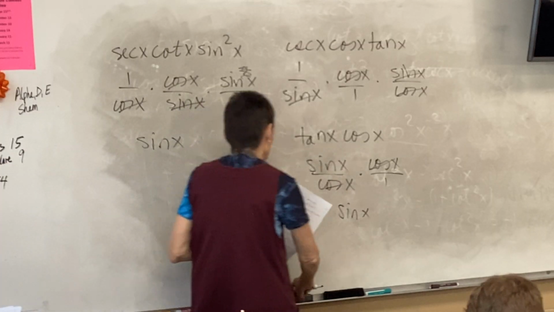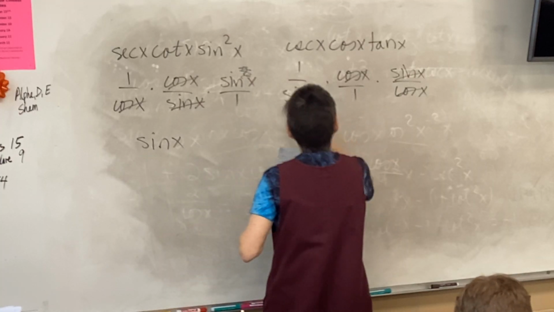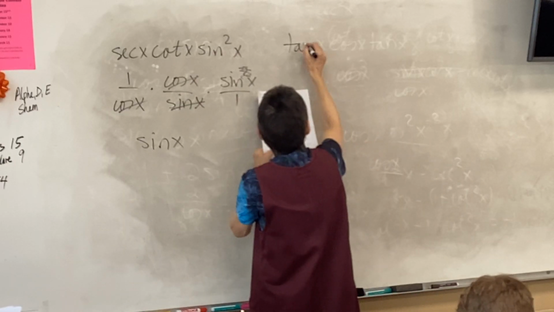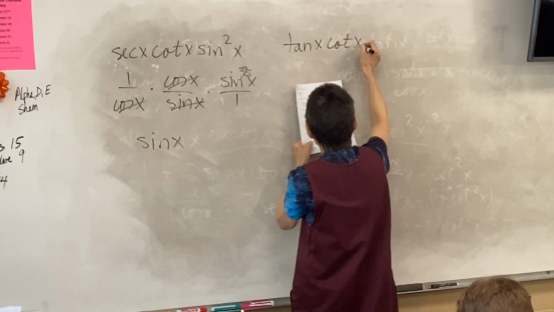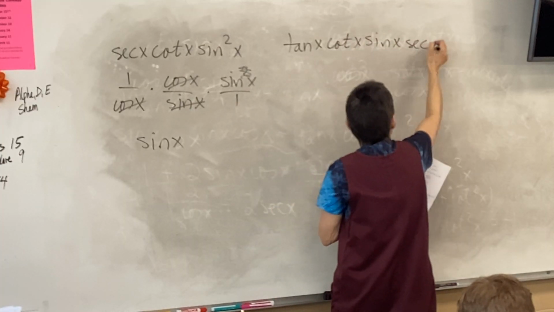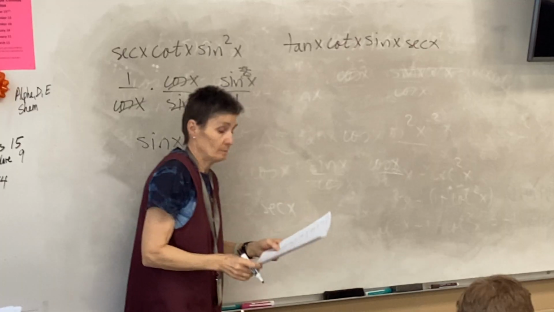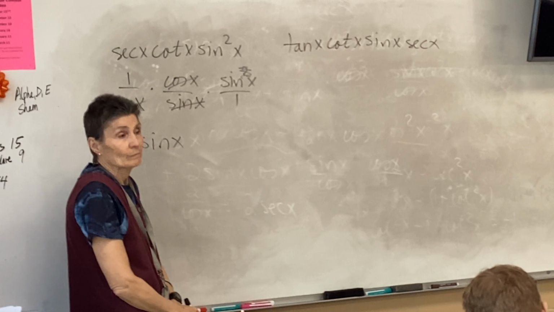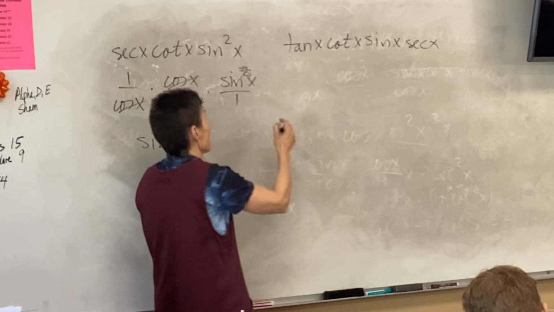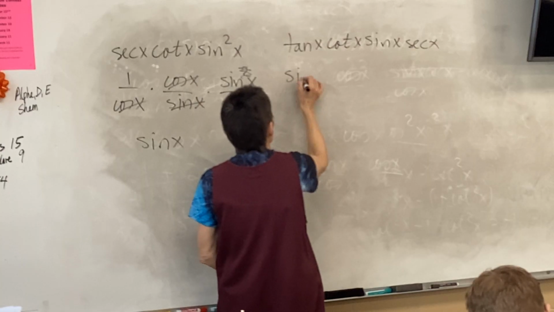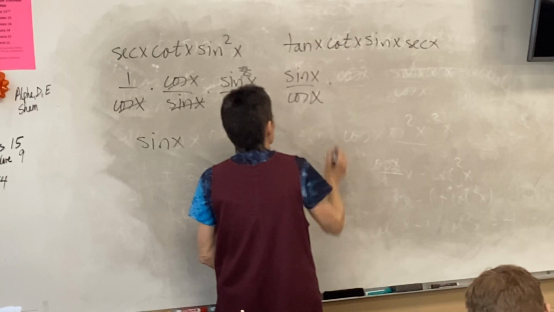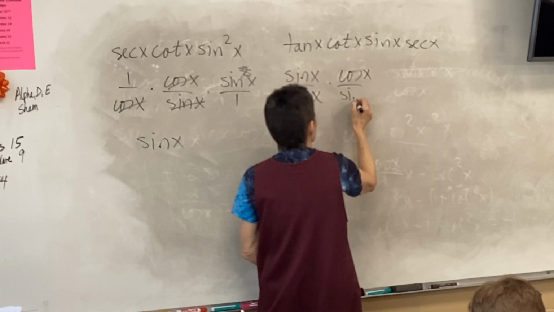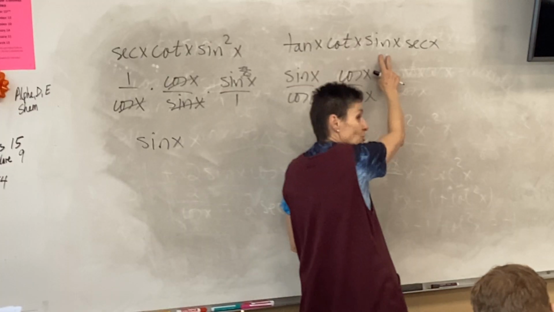Wow, look at number 9. Tan, cotan, sine, secant. Whew, here we go. Tangent, sine over cosine. Cotangent, cosine over sine. Now, remember, we don't change sine.